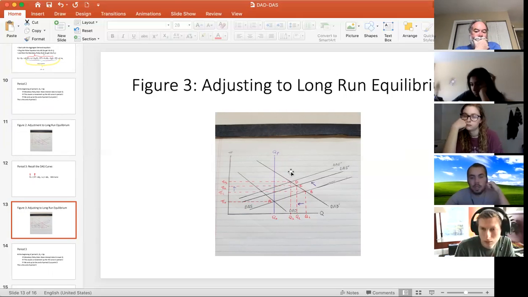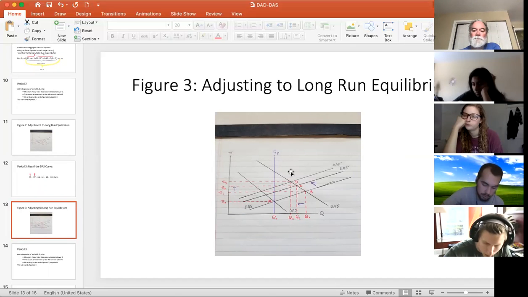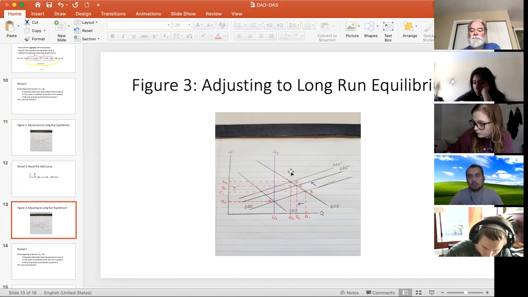Is the shift between C and D smaller than the shift between B and C? Yes, it is. What does that mean?